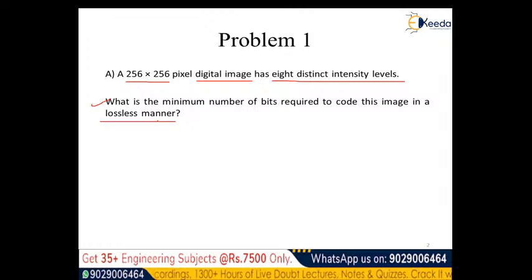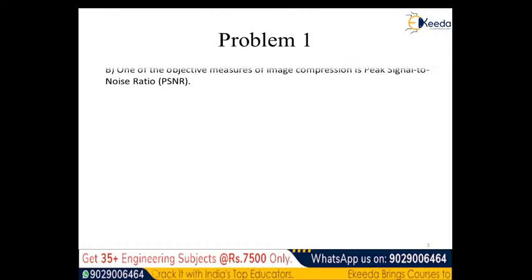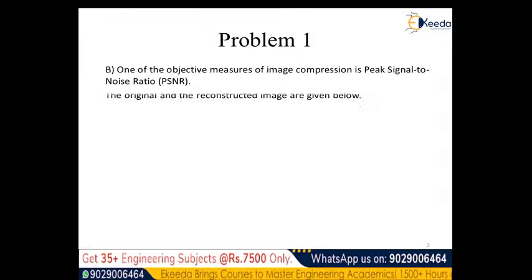Before answering this, let us complete the problem statement. It has two parts; this was the first part, denoted by part A. Part B states: one of the objective measures of image compression is peak signal to noise ratio, abbreviated as PSNR. The original and the reconstructed images are given below.